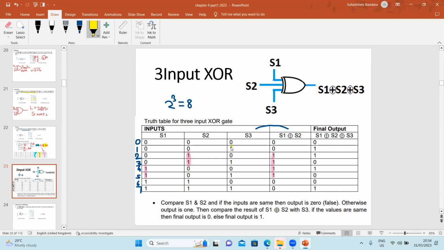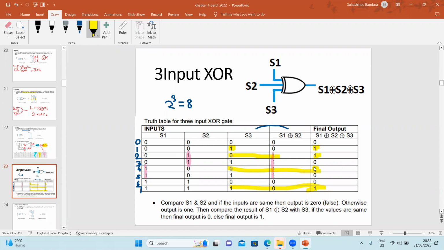So here, if and only one input is true, that means this position. If and only one input is true for this one, that is on. If and only one, no. If and only one, yes, this part is true. If and only one, no, only this one. Okay. So these highlighted yellow ones are the true. Other things will be false.